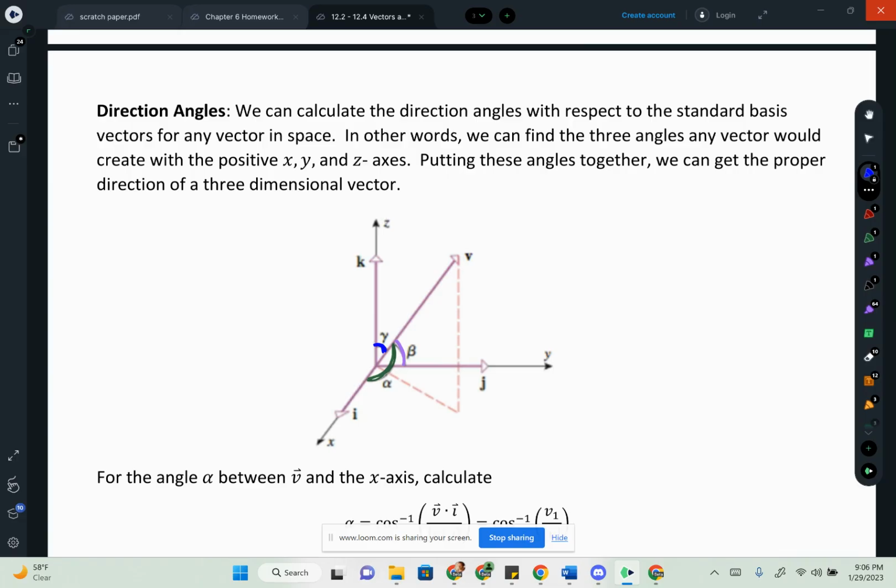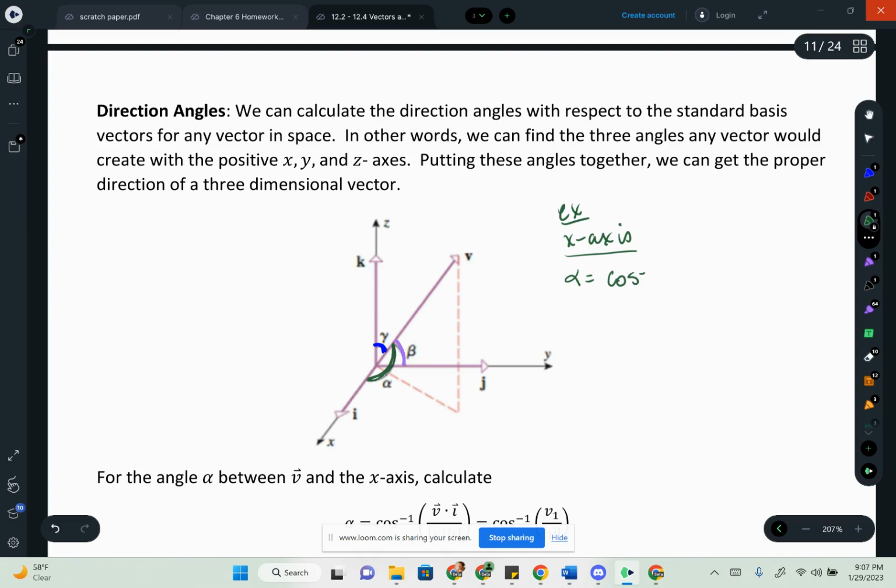Now remember, each axis can be represented by a standard basis vector, and so remember with the x-axis, so if we just write this out, I'm going to write it in green to match. So for an example, with the x-axis, if we were to go ahead and use what we know from up above, that alpha is going to be the cosine inverse of the dot product of the 2 vectors involved.